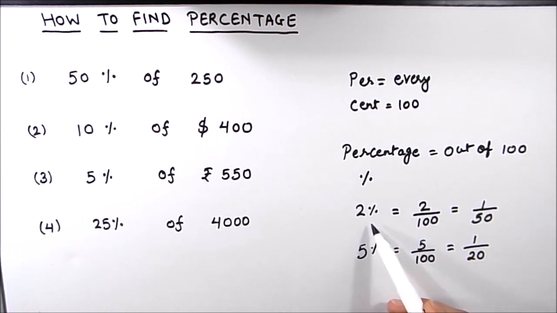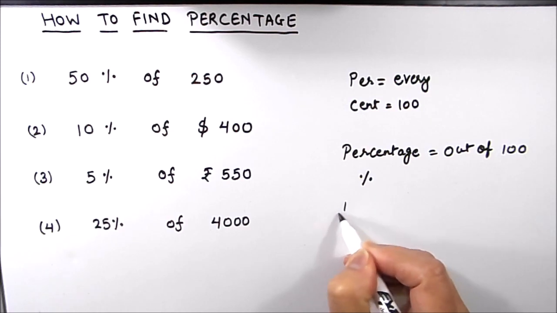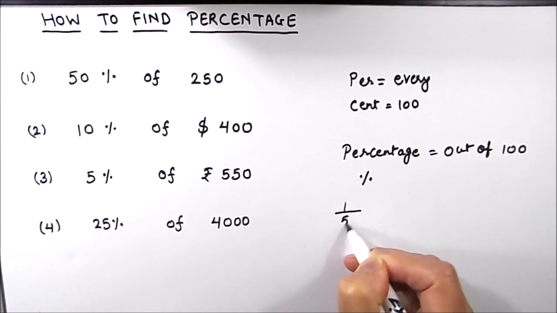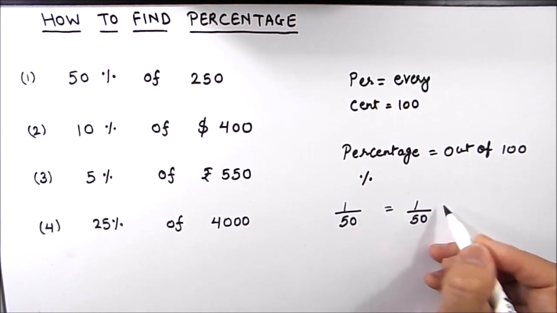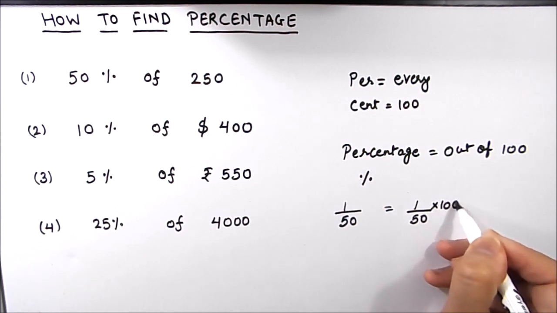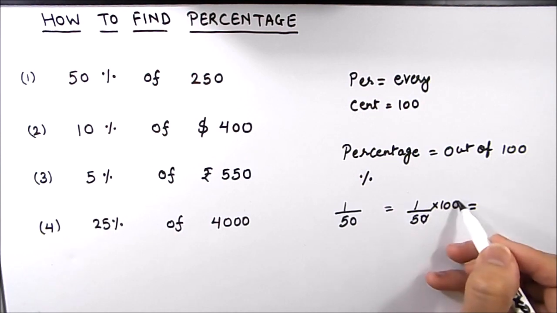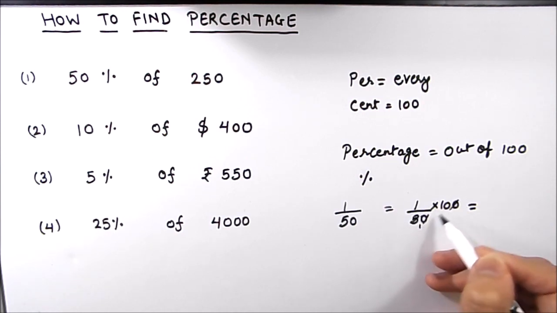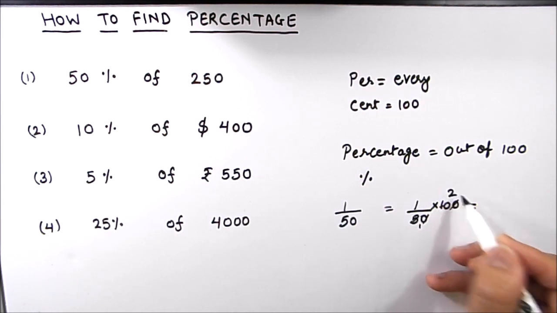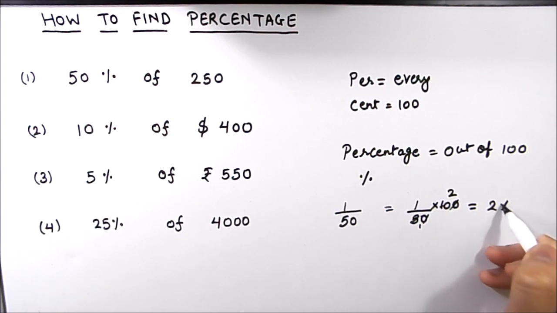This was about percentage to fraction. We can also do the reverse of this, that is fraction to percentage. For converting a fraction to a percentage, if you are finding 1/50th of any number, you need to multiply this by 100. So if we multiply 1 by 50 by 100, these two zeros get cancelled and this is 2 times 1 and 2 times 5... so this is 2%.